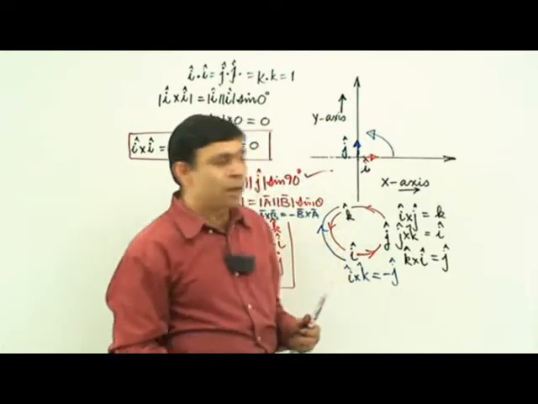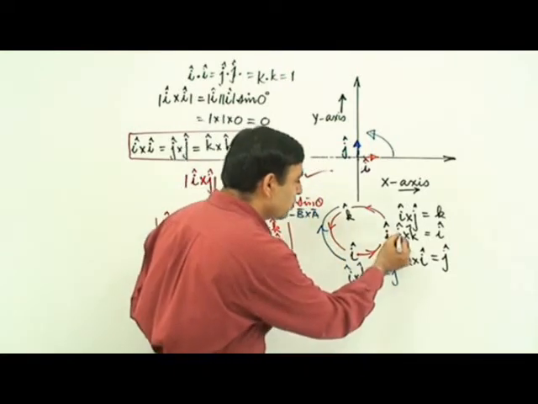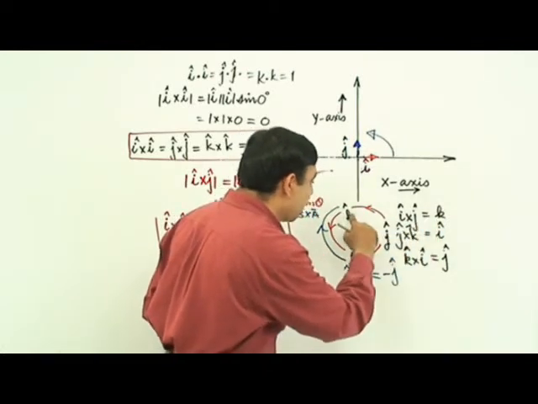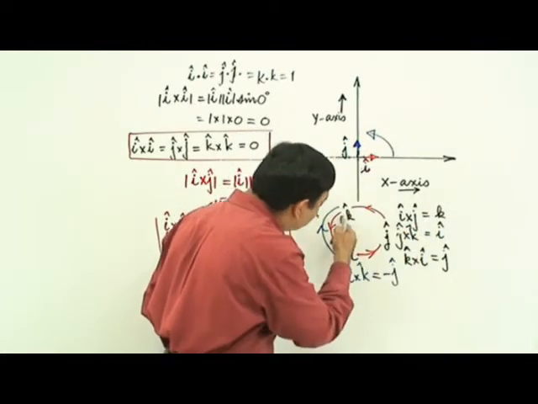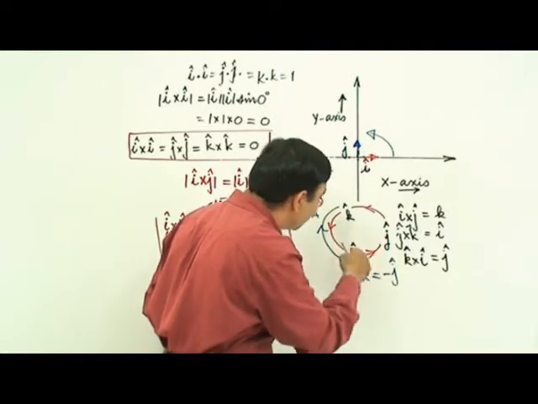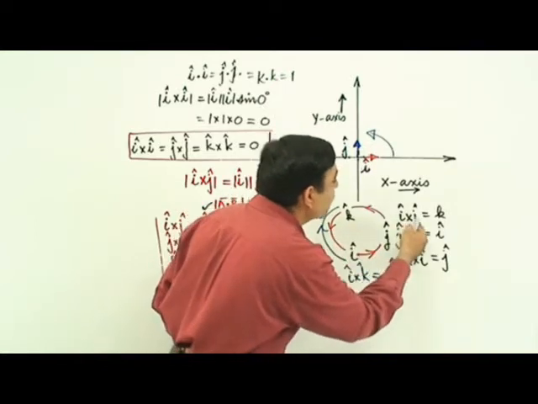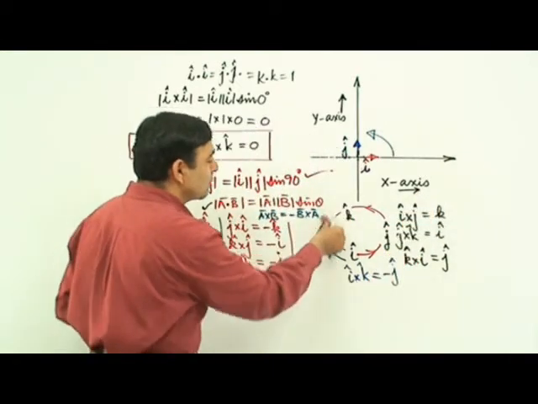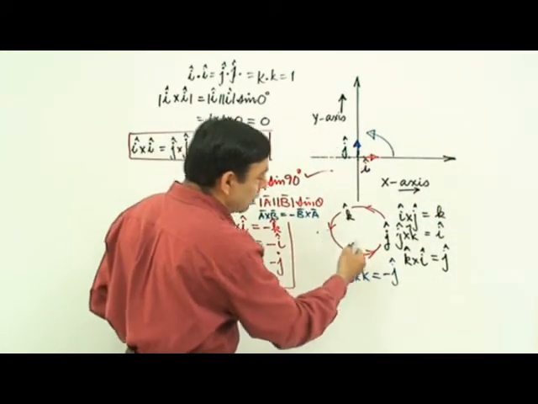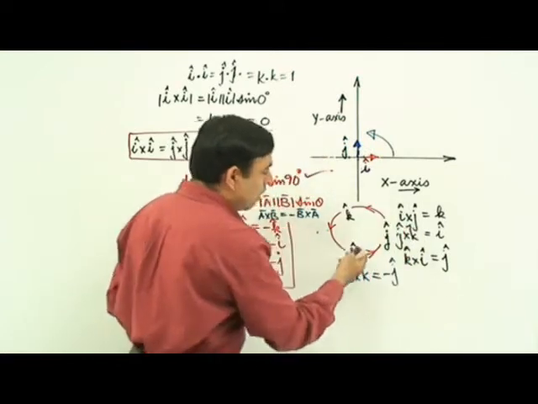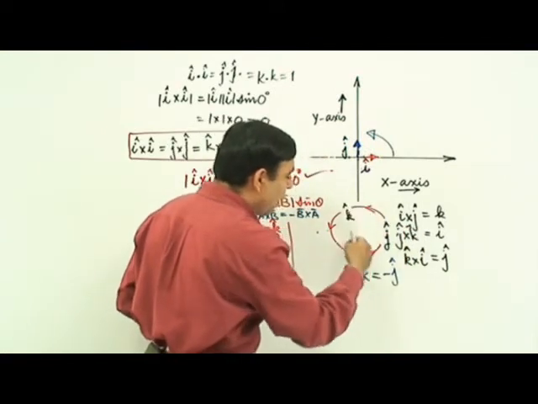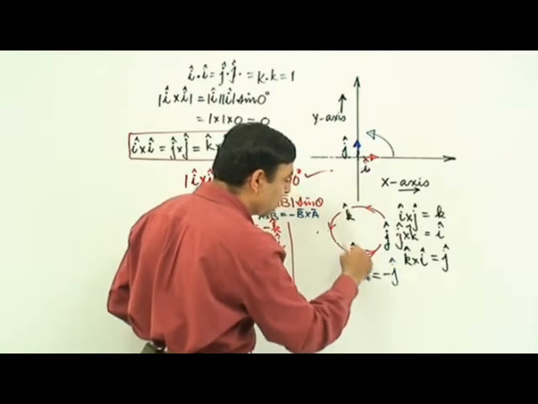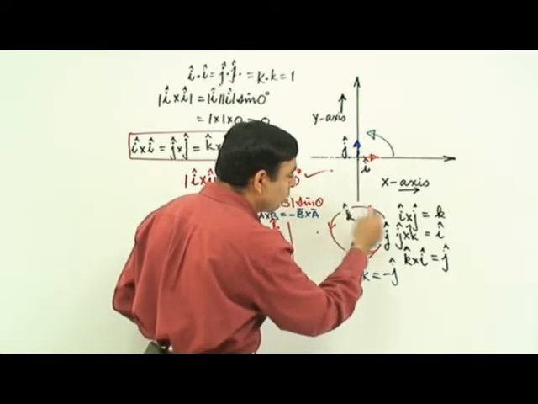It's clear? You can even see from here itself: I cross j is k, so j cross I is the negative of this, minus k. So just remember this. Going anti-clockwise: I cross j is k, j cross k is I, k cross I is j. And going clockwise, negatives: j cross I is minus k, I cross k is minus j, k cross j is minus I.